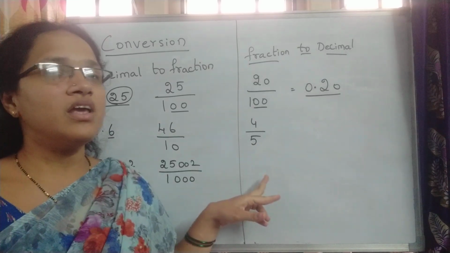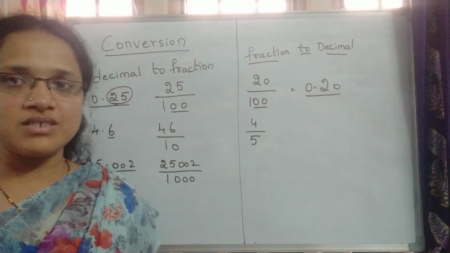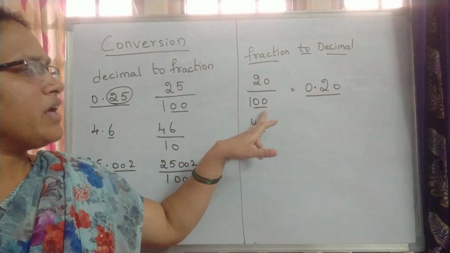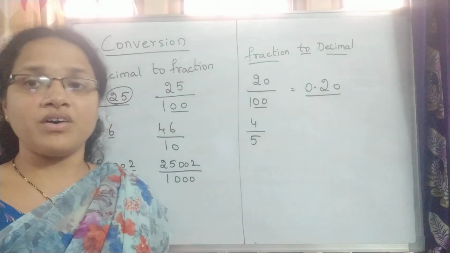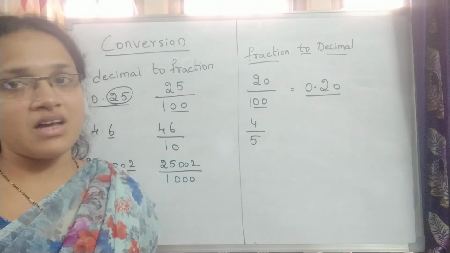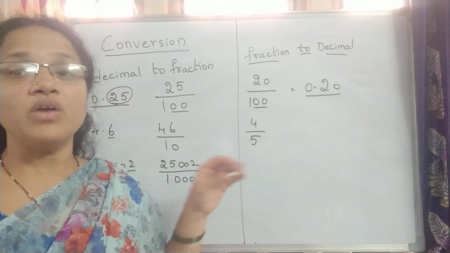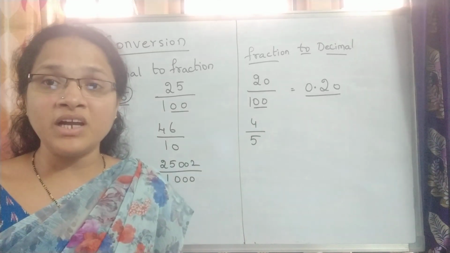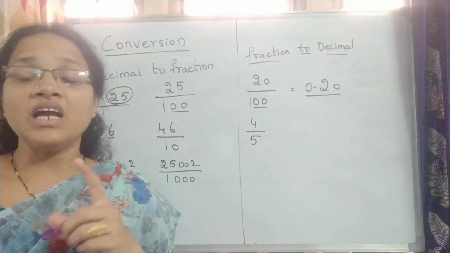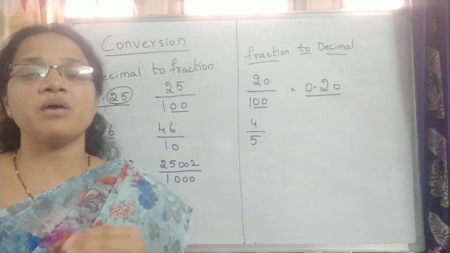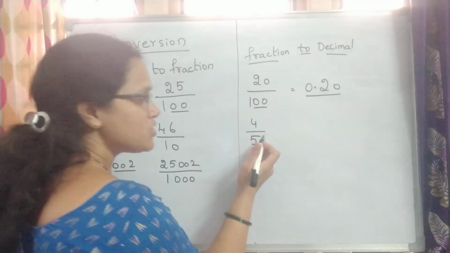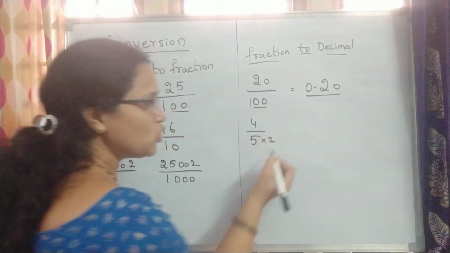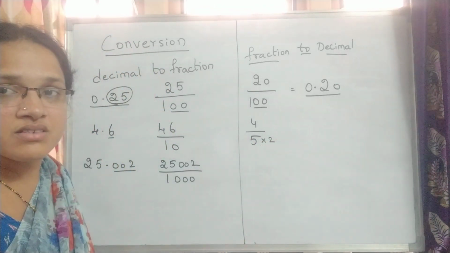But usually when you are given conversions, mostly the denominator will be tens, hundreds or thousands. Even if it is not, the denominator will be such that if you multiply it by some number, it becomes tens, hundreds or thousands. See 5. If I multiply this number by 2, my denominator is 10.